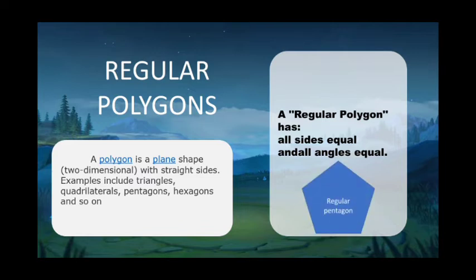We have the example of a regular pentagon. In a regular pentagon, we have 5 sides that are equal, and the 5 angles are equal too. So for regular polygons, the angles and the sides must be equal.